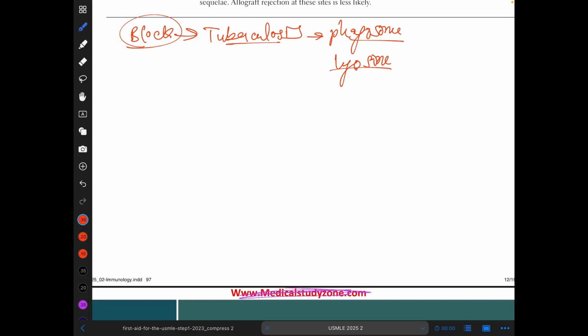When the phagosome and lysosome do not fuse, the process does not proceed to destruction of the bacteria, and there is proliferation inside the macrophages and protection from antibodies.